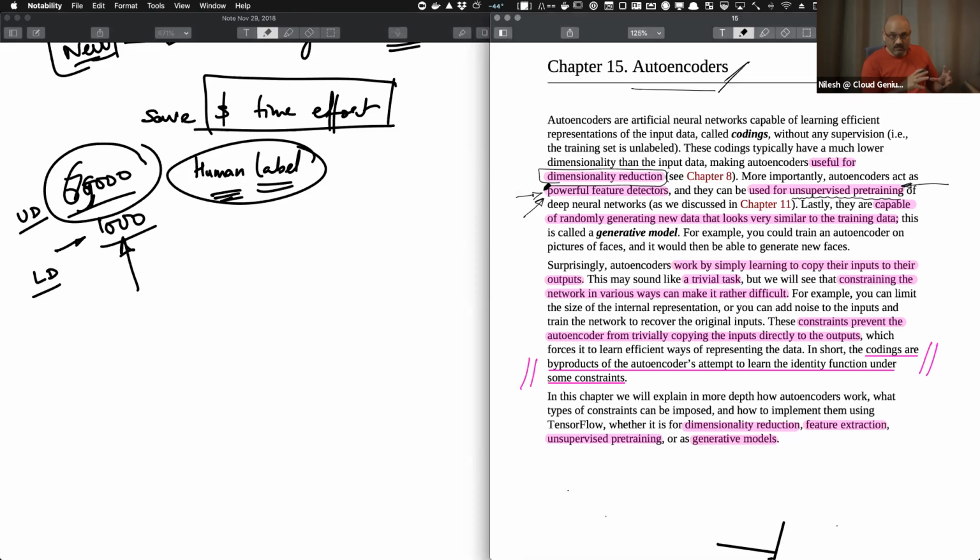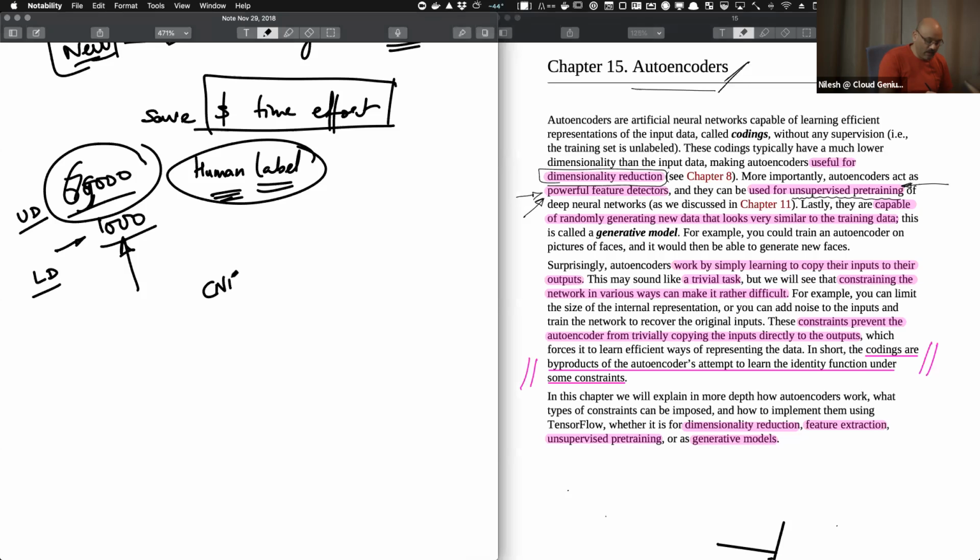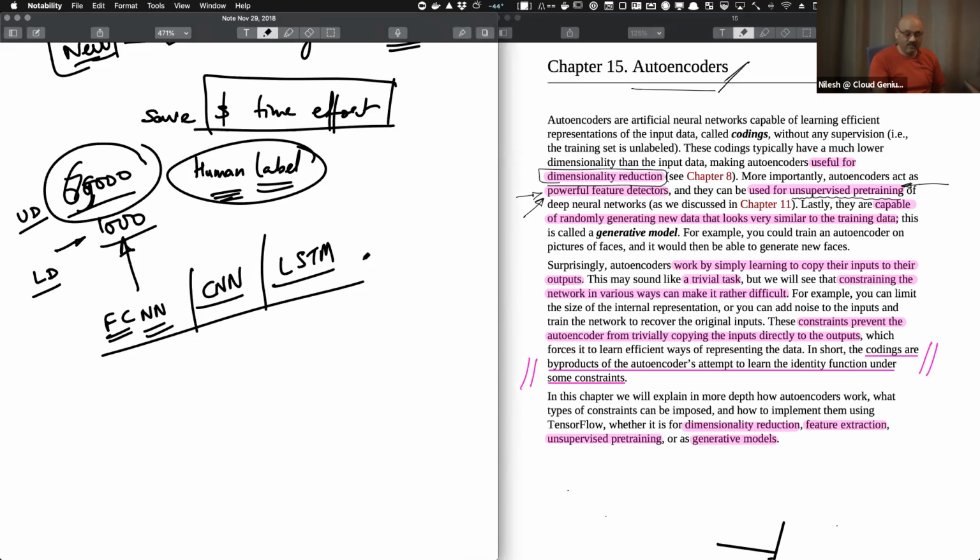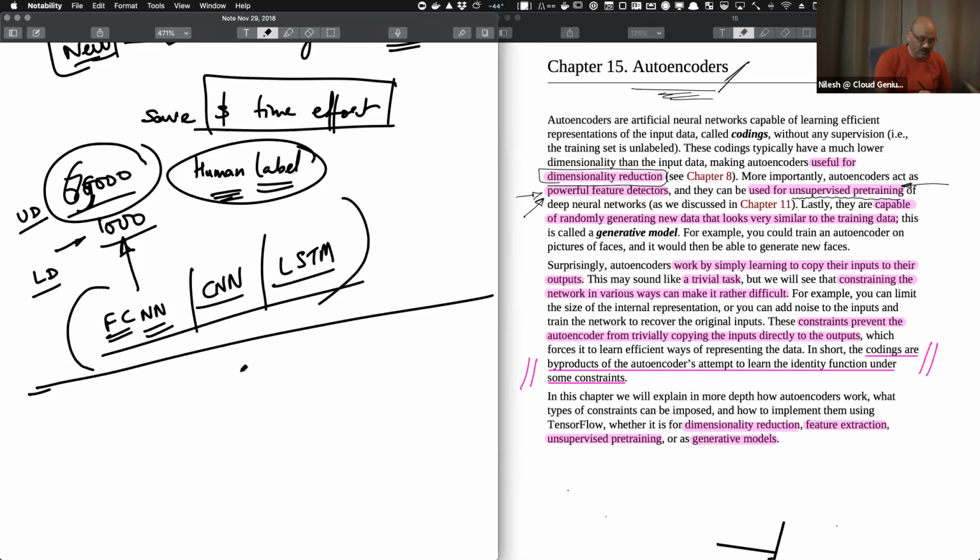And once we have the system trained to detect those feature sets, we can reuse them in other techniques that we have discussed, like convolutional neural networks, or long short-term memory, or all other things that we have been discussing up until now, or even your regular fully connected neural networks that we have seen in the past. So all these varieties, we can apply these techniques from autoencoders into our conventional ways of using neural networks to automate some of our tasks. That's the underlying idea. That's where this is coming in handy.